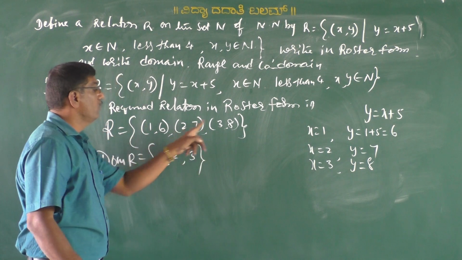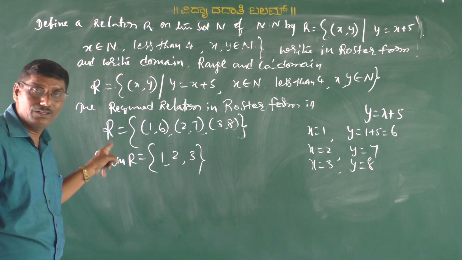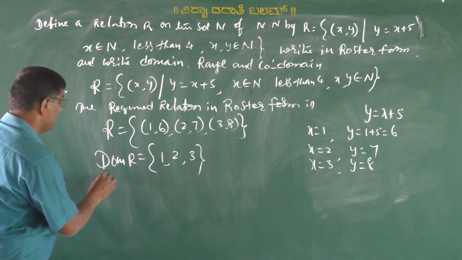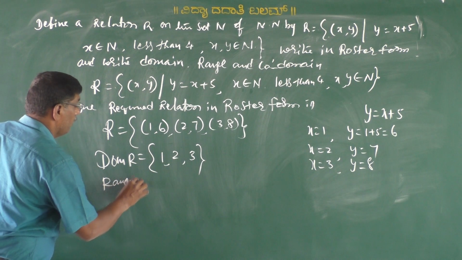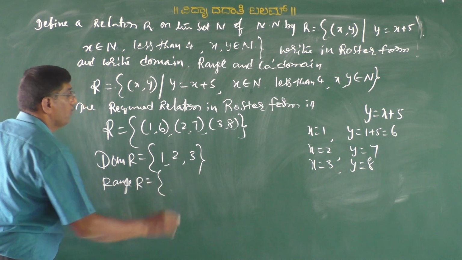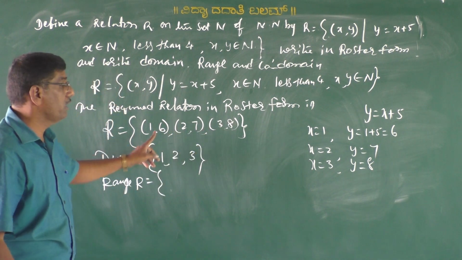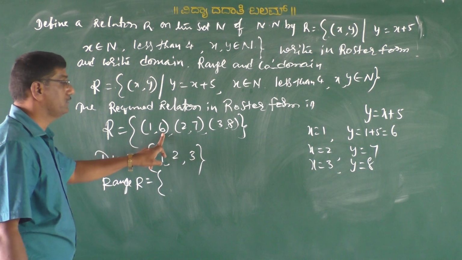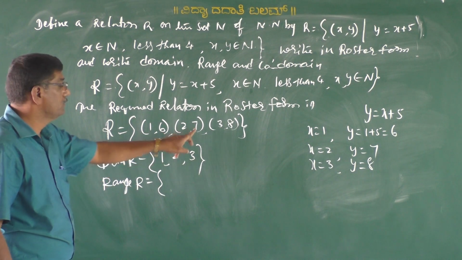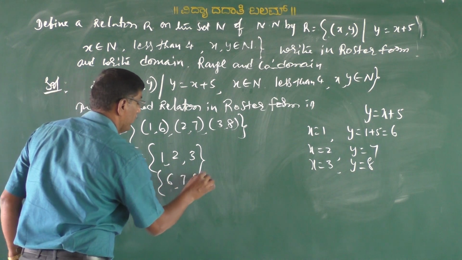These 3 are the first elements of the ordered pairs in R. The next one is the range of R, which is the set of second elements of the ordered pairs, that is 6, 7 and 8. Range is {6, 7, 8}.